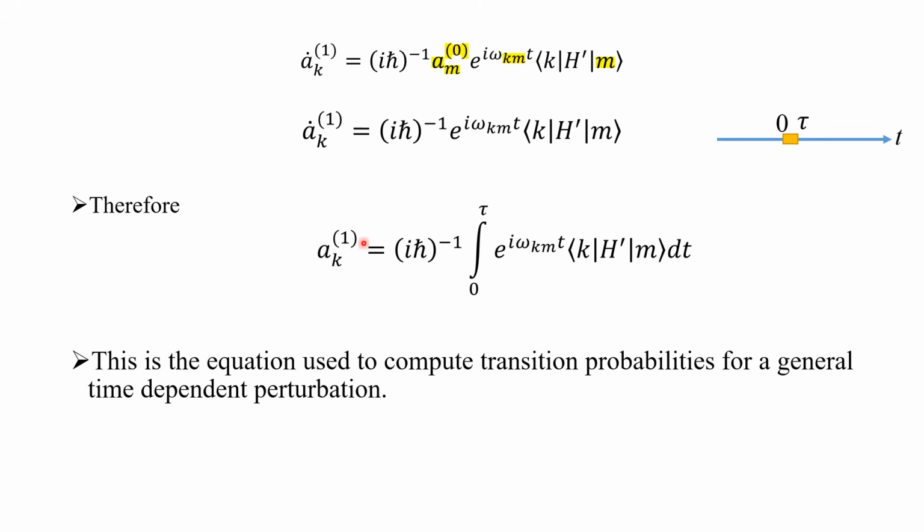That AK1 will become IH cross inverse integral over 0 to tau, because we are perturbing the system between the time 0 to tau. So you have to integrate this right hand exponent term with this one, because the exponent term also contains time. So this will become e power I omega kmt into k h prime m dt.